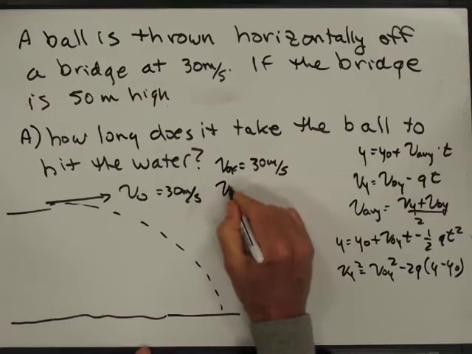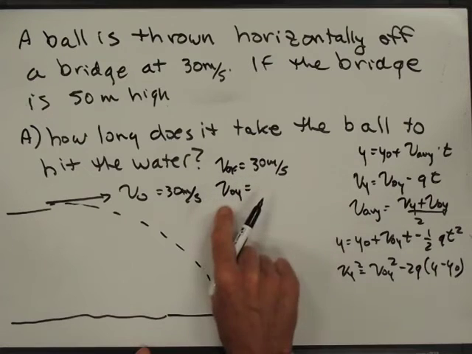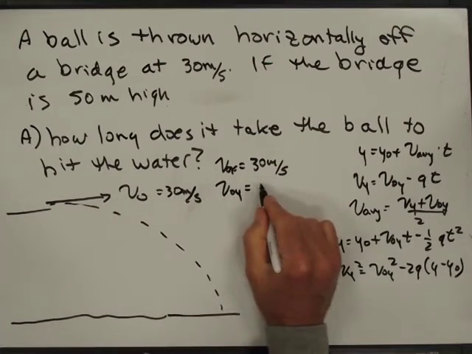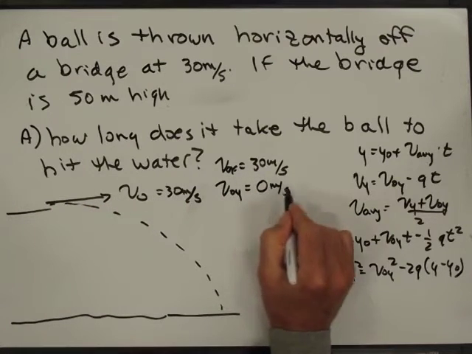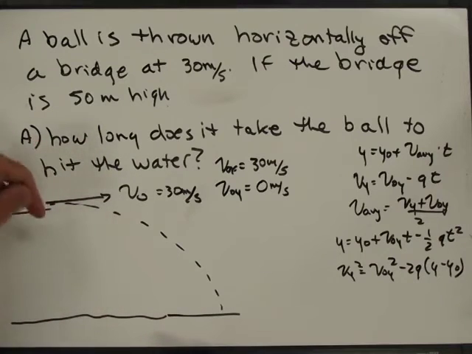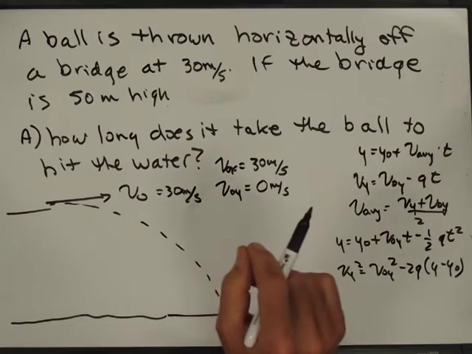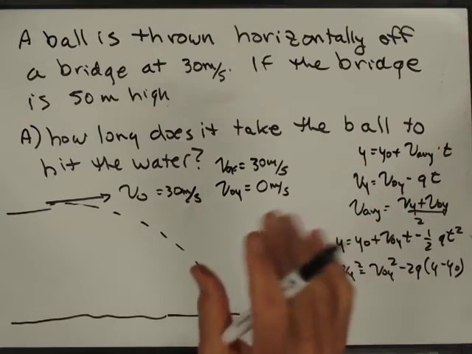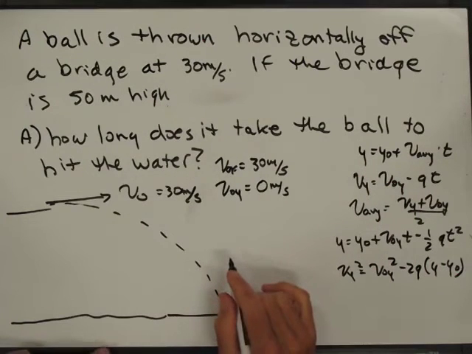So what is the initial y velocity? Hopefully you recognize that if it's thrown horizontally, the initial y velocity is 0. It's neither got an upward component nor a downward component when it's first thrown. As far as the y motion is concerned, it's like it was dropped, like the ring in the little demonstration.